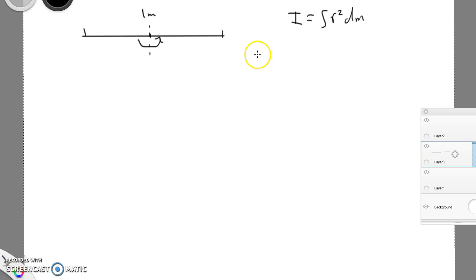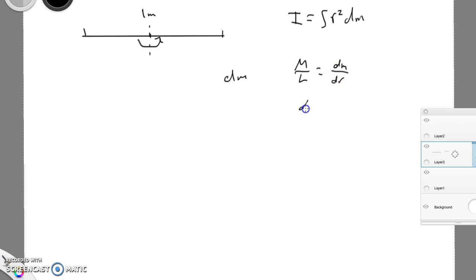Okay, because we're going to define dm by saying that m over L is the same for every point in this rod, which means that dm over dl, instead of dl we'll say dr, which we're using r up there, is going to be the same at every point as well.